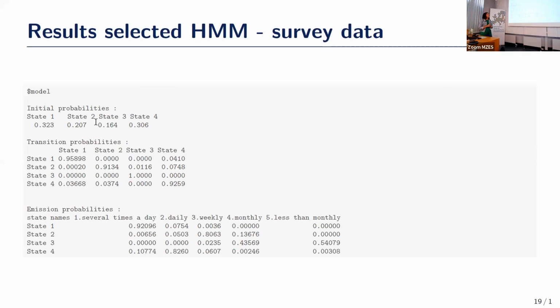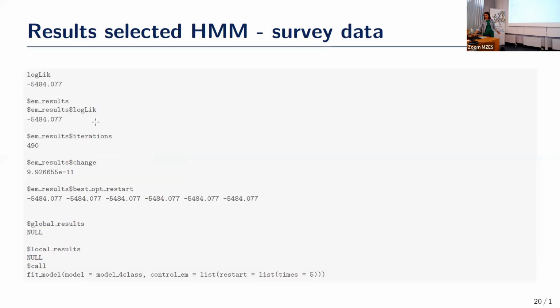So in terms of results, we get what I find the more important, more meaningful results to interpret. We get these 3 components that I showed before: the initial state probabilities, the transition probabilities, and the emission or measurement probabilities. Just before we walk through them, I'll show you that we also get more technical outputs, for instance, the number of iterations it took for the model to converge, and the different best optimal solutions for the different starting values.